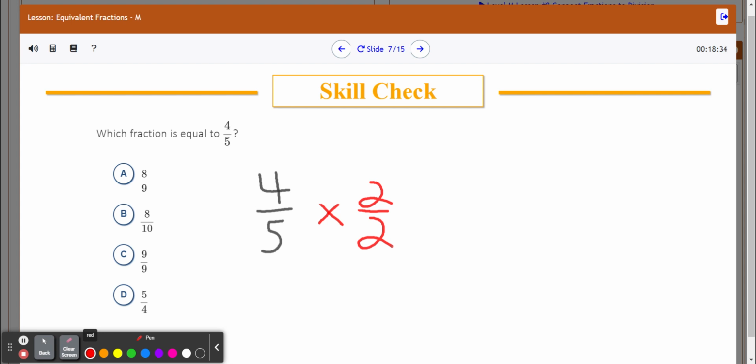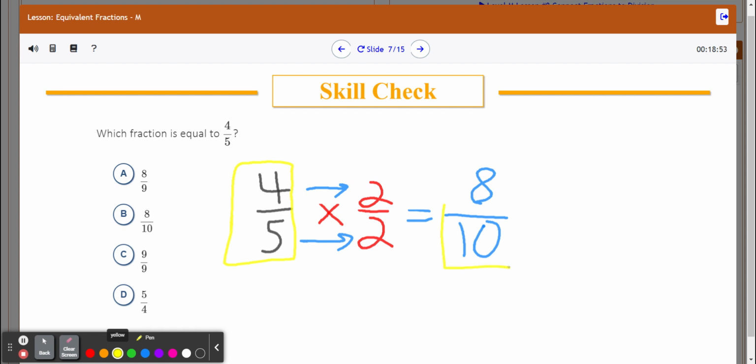If the bottom number is 2, the top number is 2. The top and bottom have to be the same. So look what happens. 4 times 2 gives me 8. 5 times 2 gives me 10. What do you know? 4 over 5 is equivalent to 8 over 10. So what fraction is equal to 4 over 5? Well, it's 8 out of 10.